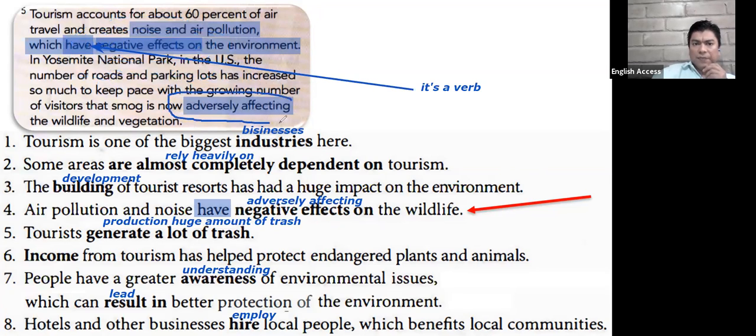Because this adversely affecting is a verb, because I have the verb be, is now adversely affecting. With ing, that is one verb right there, but that is not on sentence number 4. On sentence number 4, I have a straight sentence: air pollution and noise have. We can change it to an adjective without being very difficult.